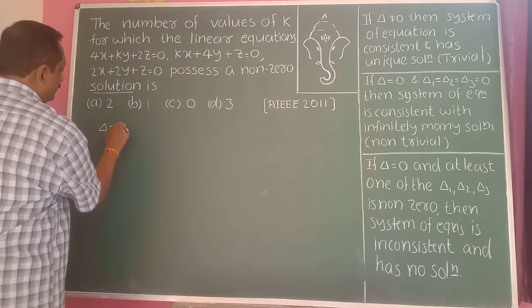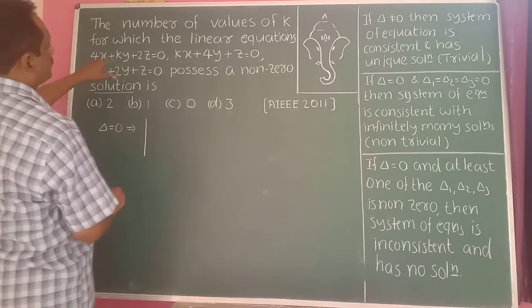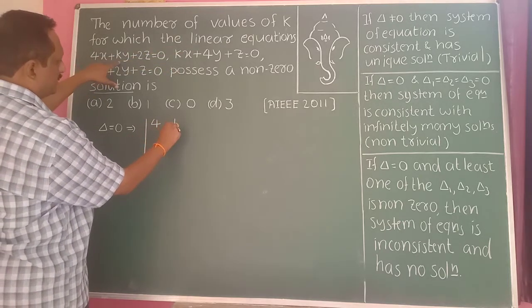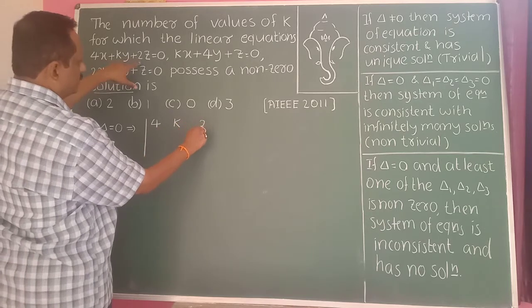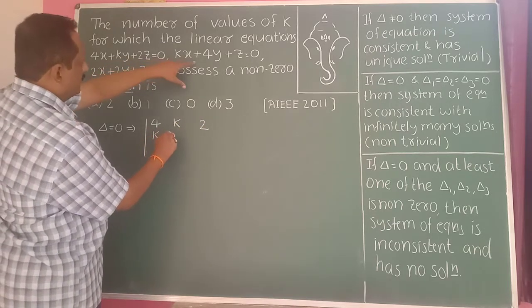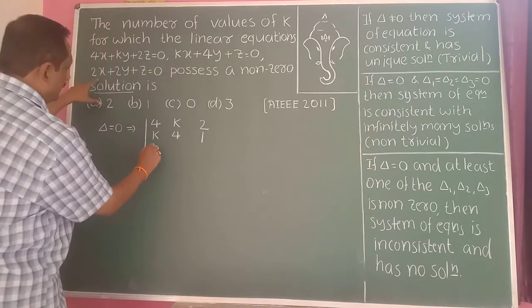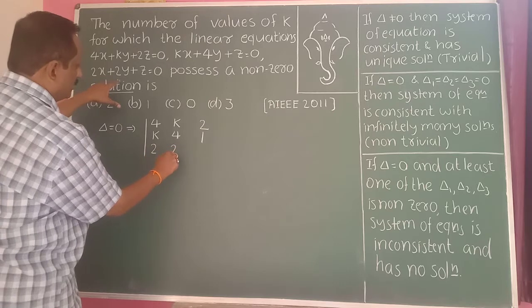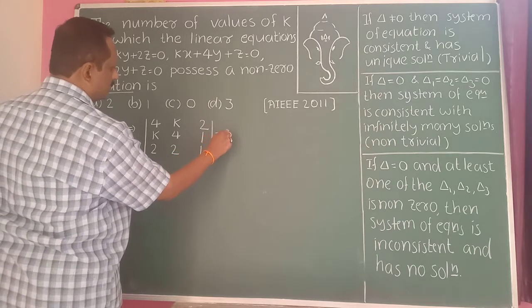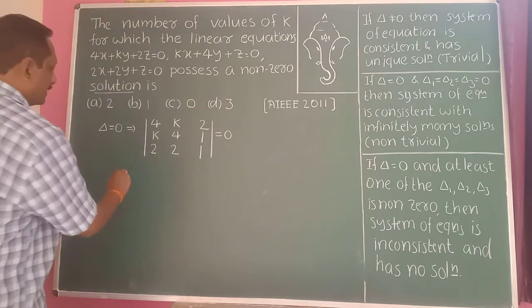Delta is equal to 0 implies the determinant of 4, k, 2, then k, 4, 1, then 2, 1, 2 is equal to 0. Then expand it here.